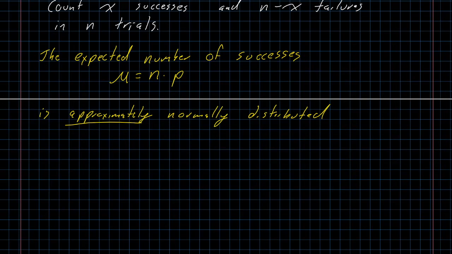Again, I'm just not going to worry about that. There's a lot of detail that we can go into with how that works, but it affects almost nothing. So let's just not worry about it. It's approximately normally distributed. And if it's normally distributed, then the standard deviation is useful.